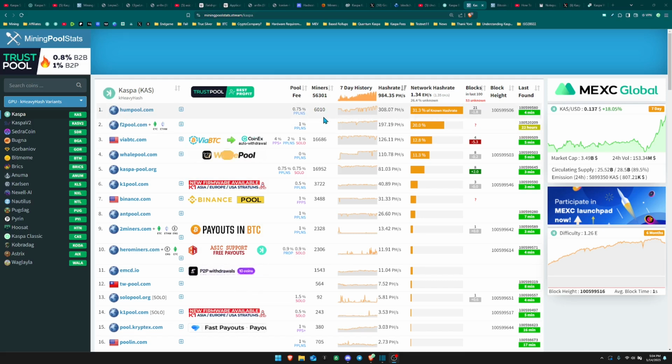This is equivalent to about 6,010 miners. So that means every time the node of Humpool finds a block, then this block reward is then dispersed to all the miners depending on the miner's hash rate as well. The higher hash rate you have, the more you earn. And so that's basically how it works for pool mining.